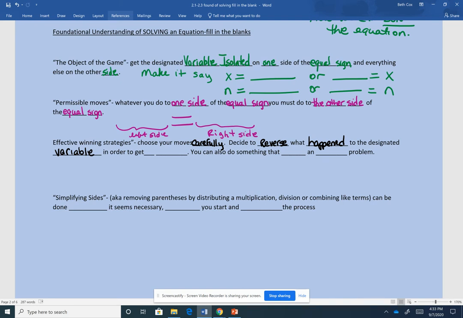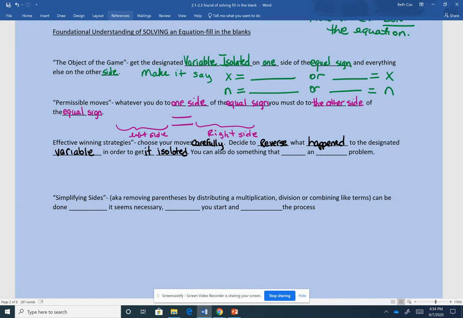So if something was added to my variable, well, the reverse of adding is subtracting. If something was multiplied to my variable, then I'm going to divide, do the reverse. And this is going to get it isolated. The idea of undoing. Undo what happened. So look at it. Hey, there's my variable. 6 was taken away from my variable, subtracted. So I better add 6 back.